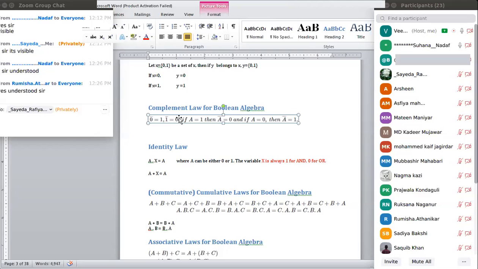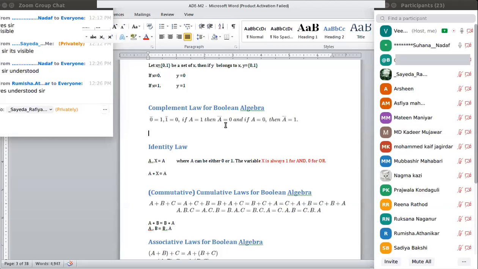If 1 bar, the output will be 0, right? So if A is equal to 1, then A bar equals 0. It is a complement. If A equals 0, the complement of A is 1. Correct? It's just a simple NOT gate or NOT function, complement function.